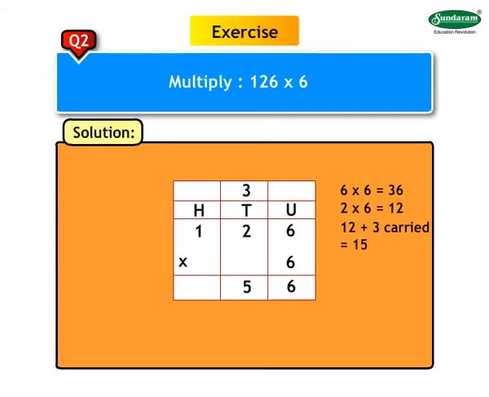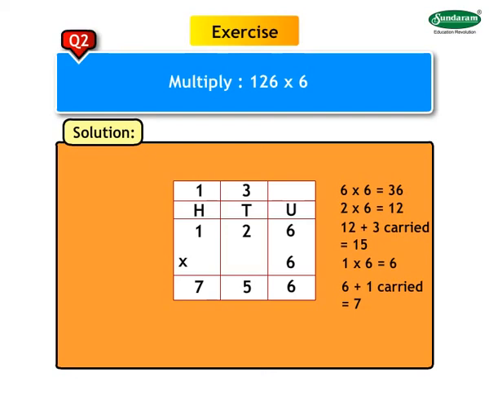Write 5 in the tens place and carry over 1 to the hundreds place. Now, 1 multiplied by 6 is equal to 6. And 6 plus 1 is equal to 7. Write 7 in the hundreds place.